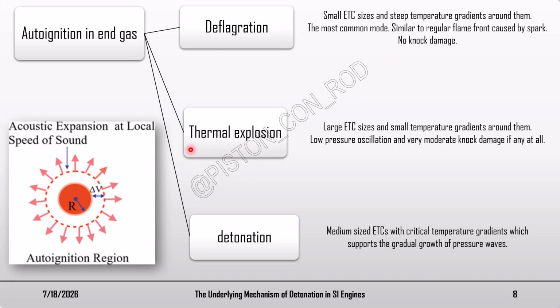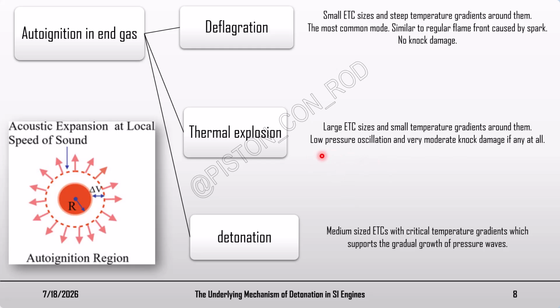The second one is thermal explosion. The autoignition spot shall be large, and around that autoignition spot, temperature gradient should be very small. This will result in low pressure oscillation and very moderate knock damage, if any at all, but it will develop into a very rapid combustion that will release a lot of energy at very small time intervals, which will result in some kind of shock waves, but not very strong shock waves.